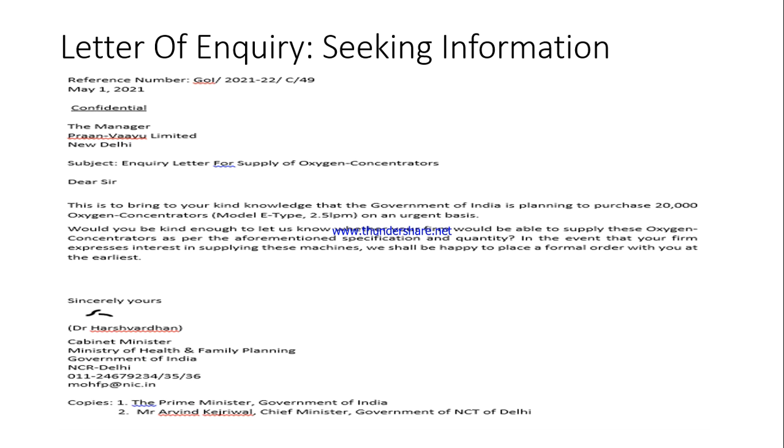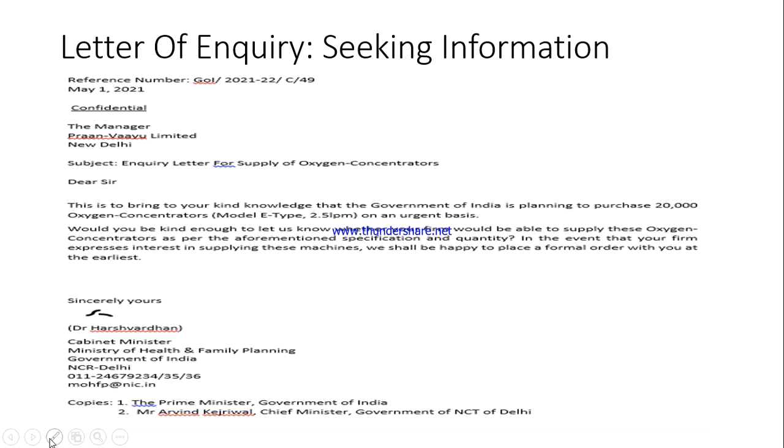I would rather be discussing the content, the body of the letter, and how to write the body of the letter. So I would not be discussing the layouts. I would only be using the full block layout as I've told you, and I would only be talking about the body of the letter. Fine. So let us discuss this particular example.